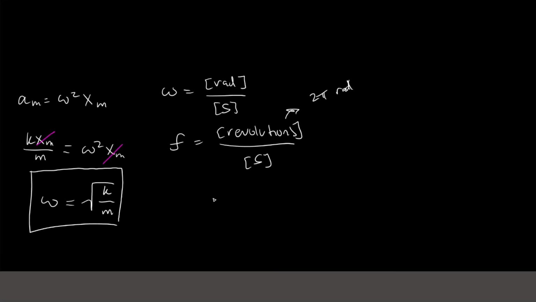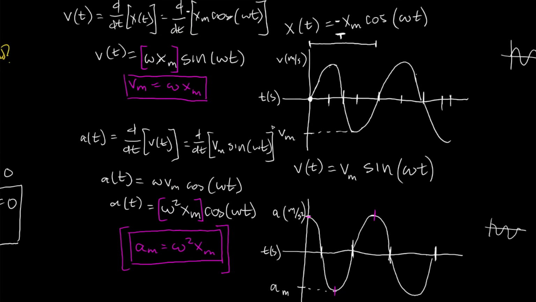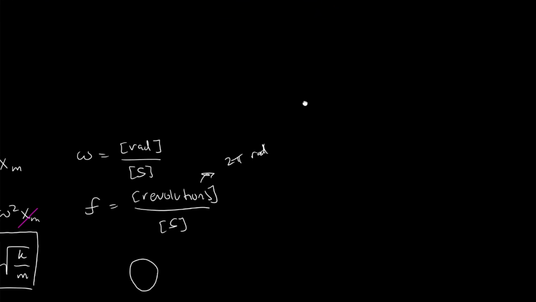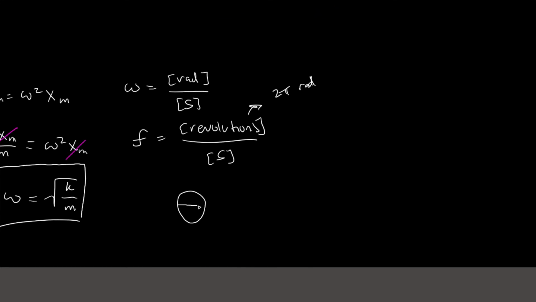That comes from the idea of this being on a circle. If you imagine our position is the horizontal axis through this circle, the vertical axis might be time, or the vertical axis could be anything.